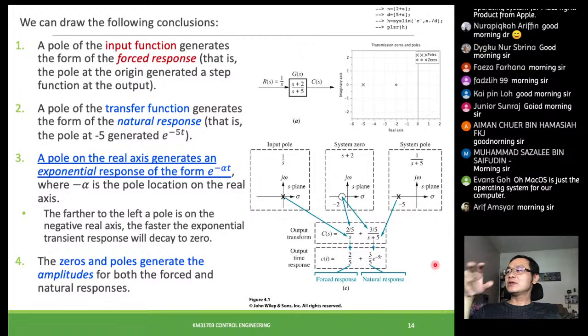So what we can do now is that you can see from these zeros and poles, again, this is the command that you can try to generate the S-plane in Scilab.